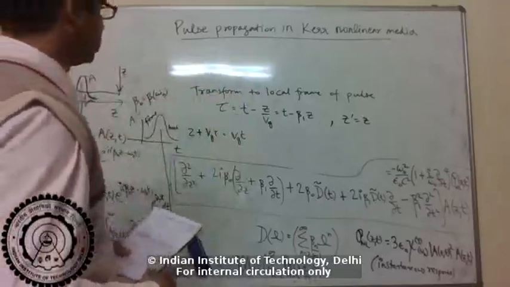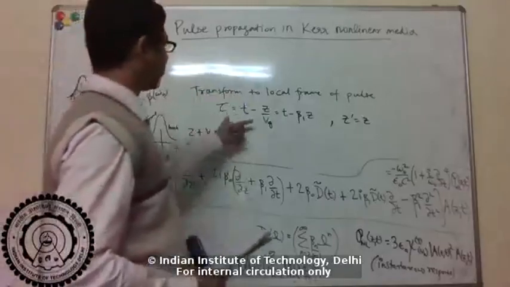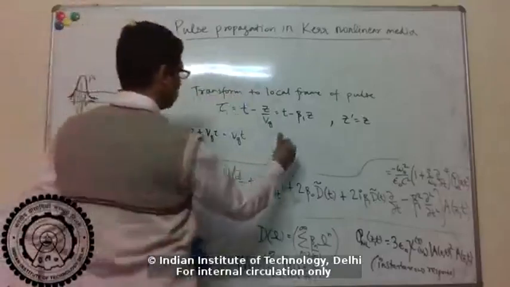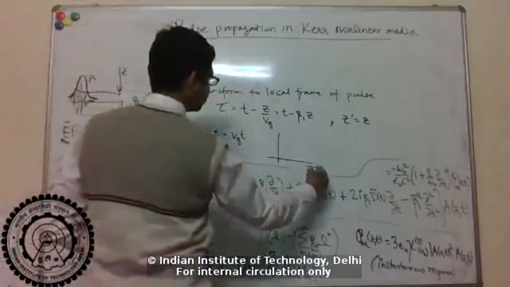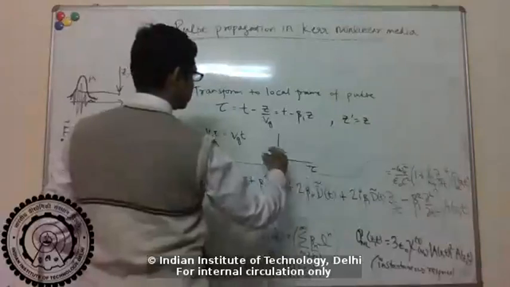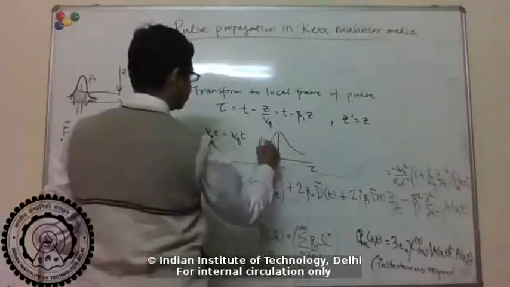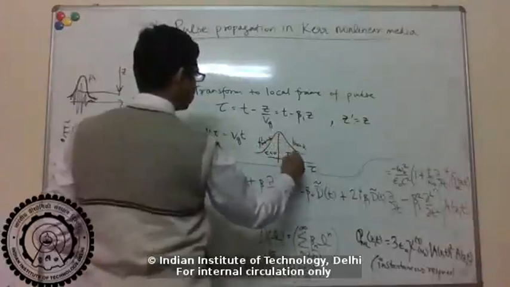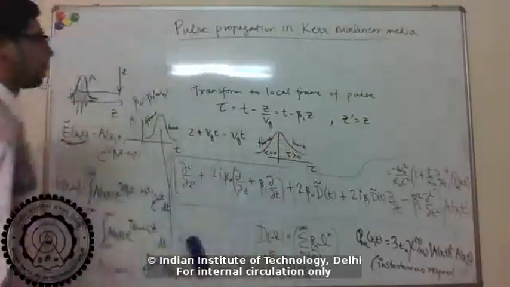If you define it like this, then in the tau axis the front of the pulse will be tau less than 0, and the back of the pulse will be tau greater than 0.